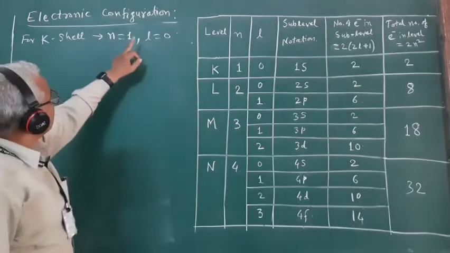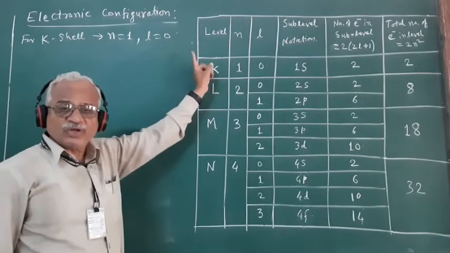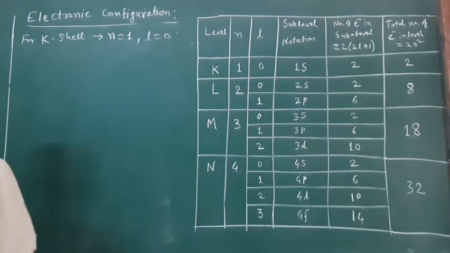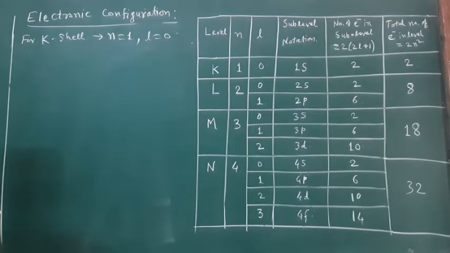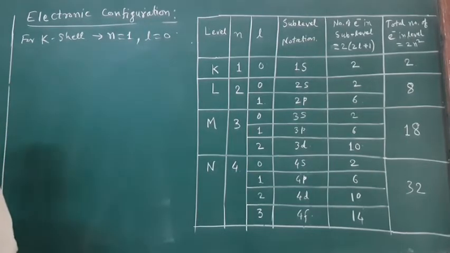So for n equal to 1, the only possible value of l is 0.